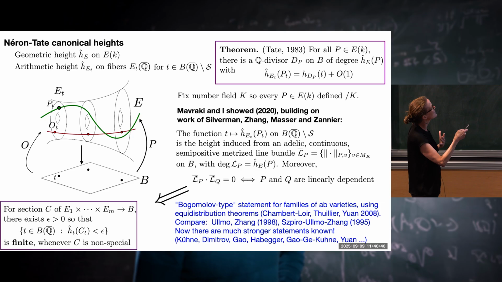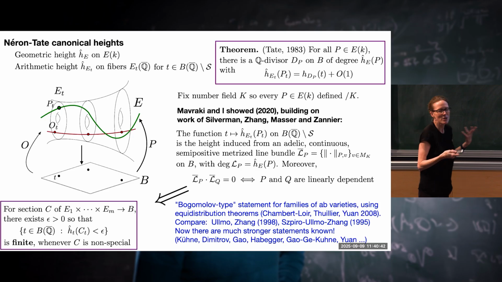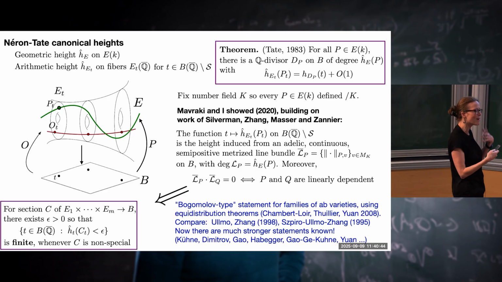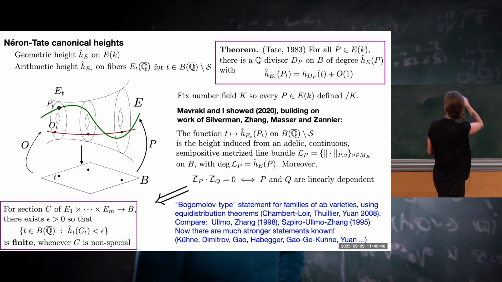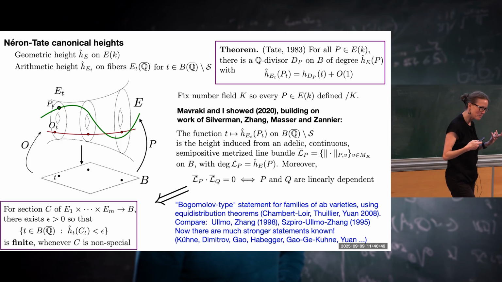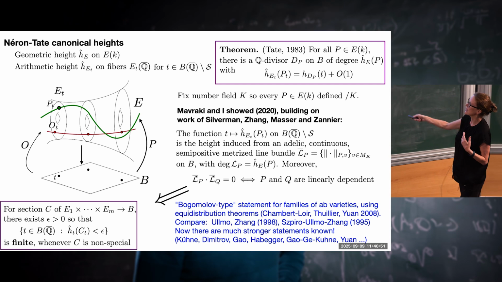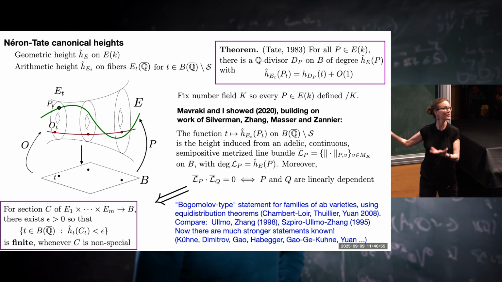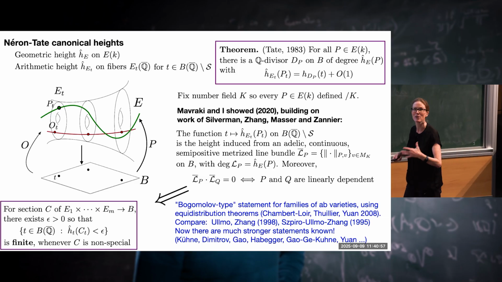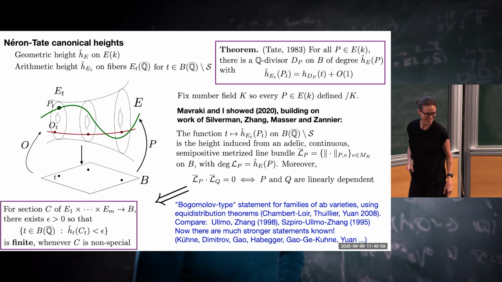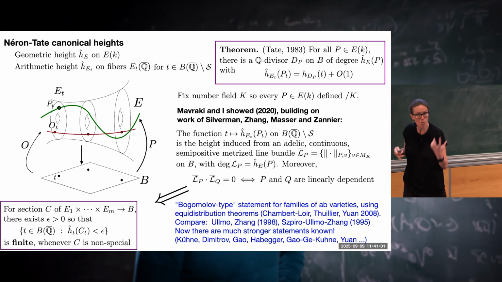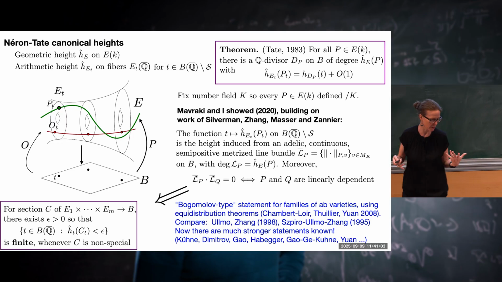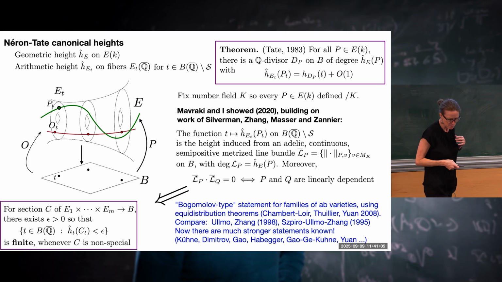And the statement was that, as long as I'm going to state it vaguely, as long as you don't have a special section, then there are only finitely many special points on that section, in this case, small points. And of course, this type of statement was very much inspired by, for example, the work of Ullmo and the Bogomolov conjecture in the setting of one abelian variety. And here we were looking at families of abelian varieties.